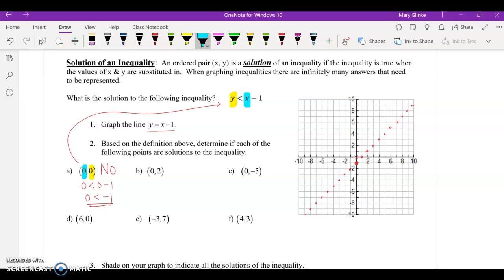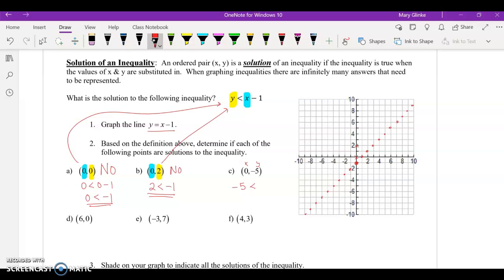Now how about 0, 2? So I'm going to plug in 0 for x and 2 for y. So I'm going to say 2 is less than 0 minus 1 or -1. This statement is also not true because when I plugged this in up here, I did not get a true statement. So 0, 2 is not a solution. How about 0, -5? So again, I'm going to plug this in for x and y.